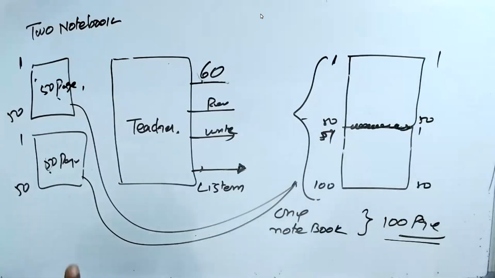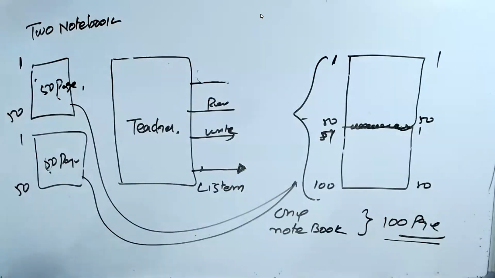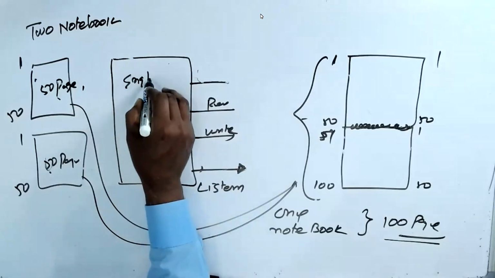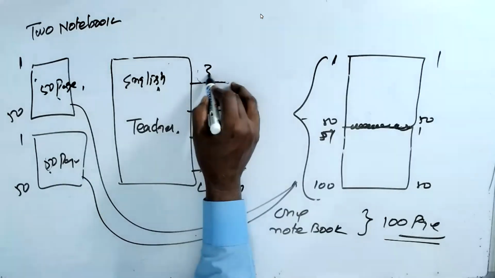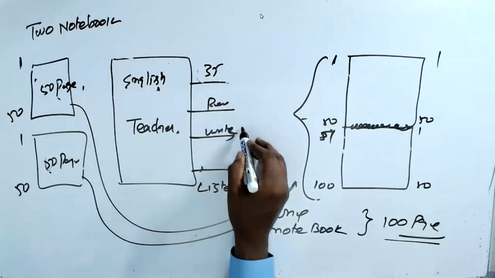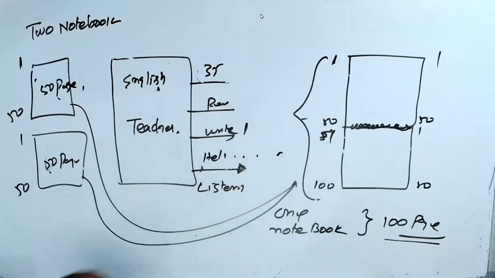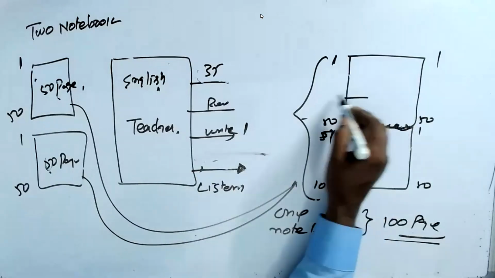So your teacher will ask you to write English. When the teacher is taking the English class, the teacher says, hey, go to page number 35 and write whatever I say, like hello, welcome to school. You write it on page number 35.